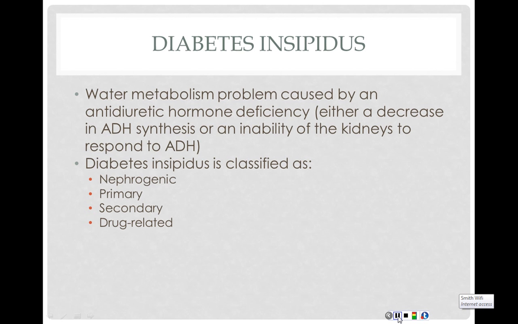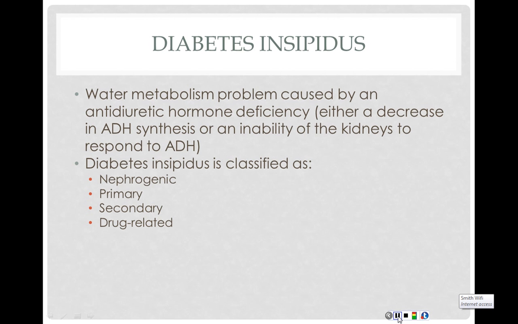The person can have an inherited actual problem with the kidney, and so that's when we would have maybe a nephrogenic problem. A primary problem would be, again, when there's a problem with the pituitary gland itself. A secondary problem would be tumors that are near the hypothalamus or the pituitary gland.